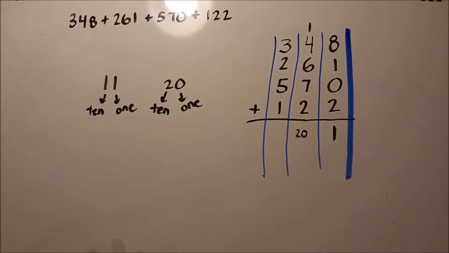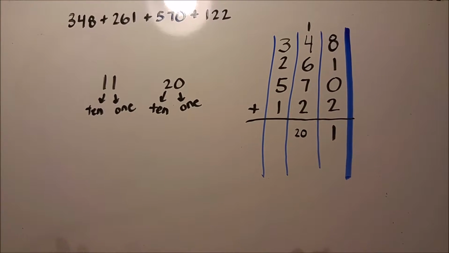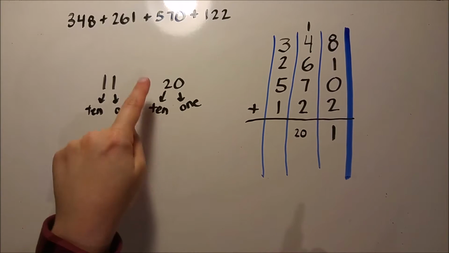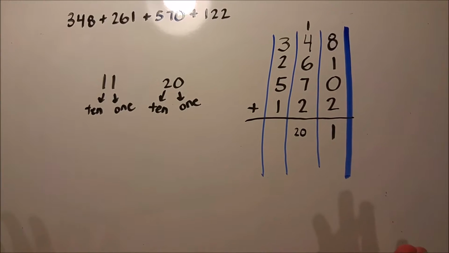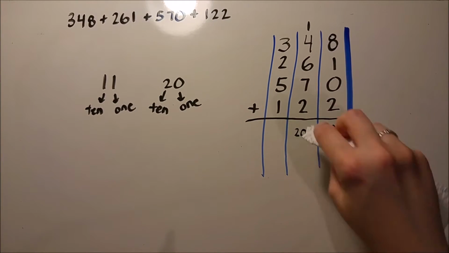Now, that might seem confusing to you because this is our tens column, right? So this is actually 20 tens. So you could even think of this as being 0 in the tens and 2 in the hundreds, but I'm probably confusing you right now. Just do the same thing you did before.